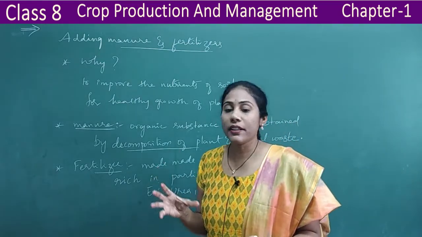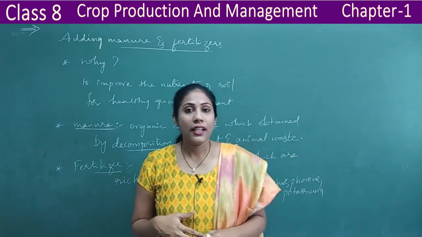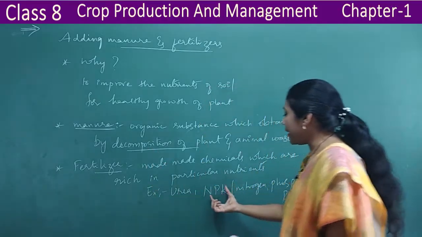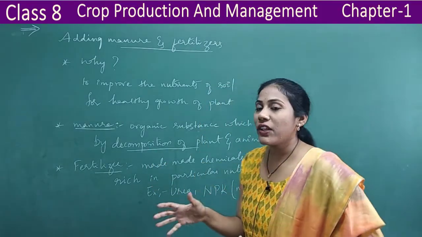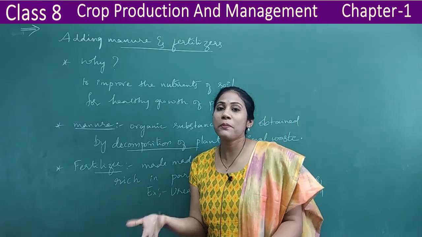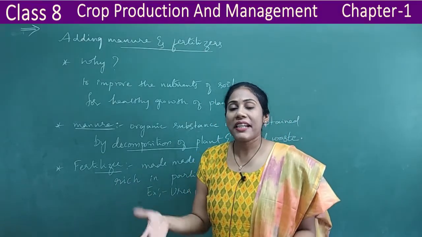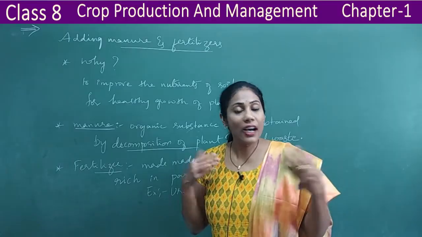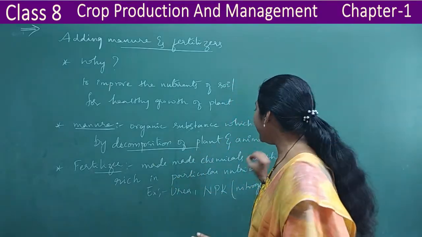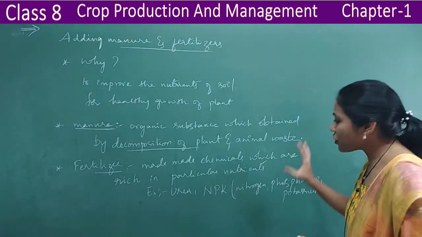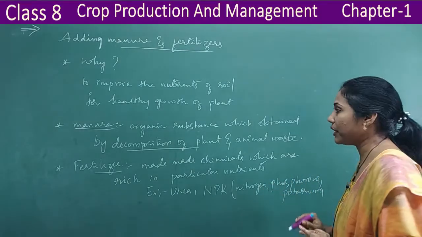So if you want nitrogen for your soil, then you can select a nitrogen rich fertilizer. The moment you spray this fertilizer to a soil, the soil becomes rich in nitrogen, the plant gets nitrogen, and it will grow in a healthy way, right? So that's how fertilizers are man-made chemicals which are rich in particular nutrients.